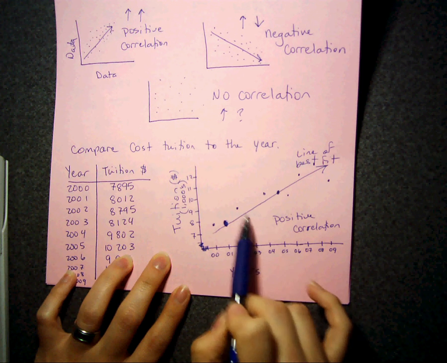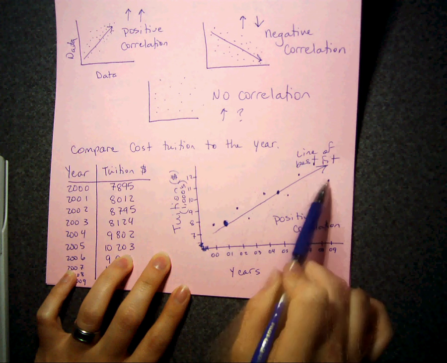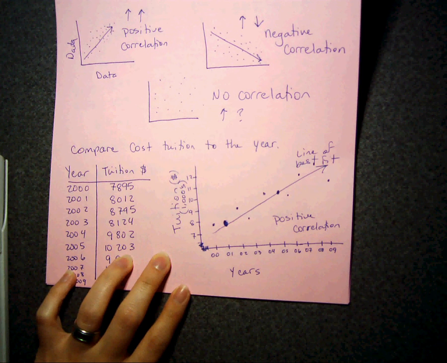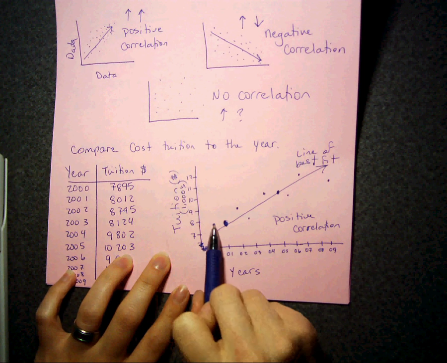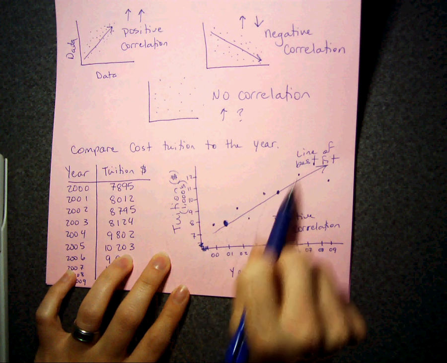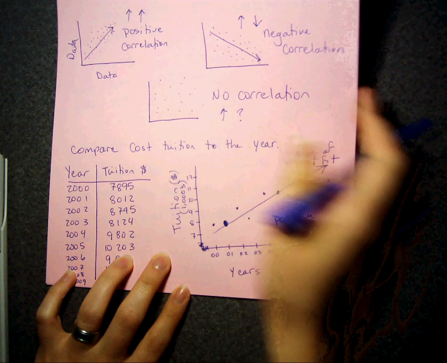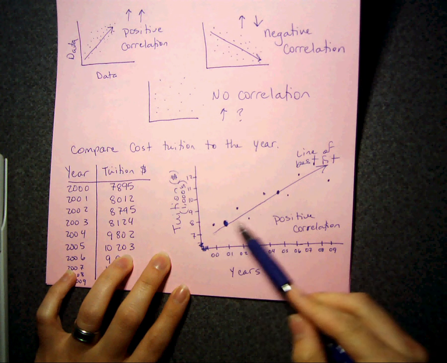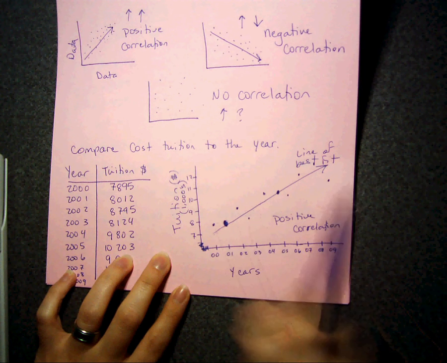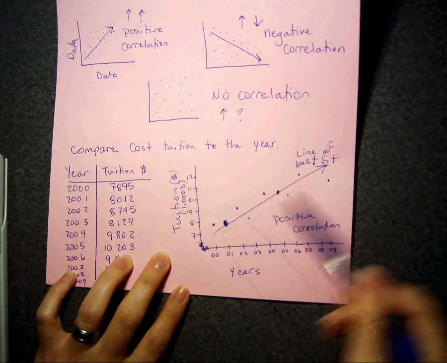So we're going to go to our calculator. So the process of accounting for every single one of your data points is called a regression. And if you look at our line, our data kind of mimics a straight line, and so the regression that we'll use is called a linear regression.